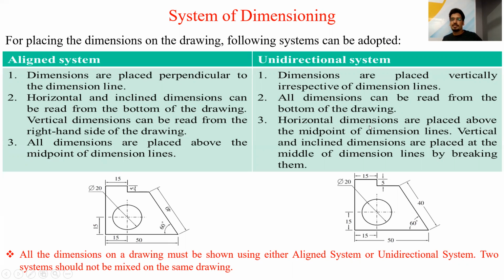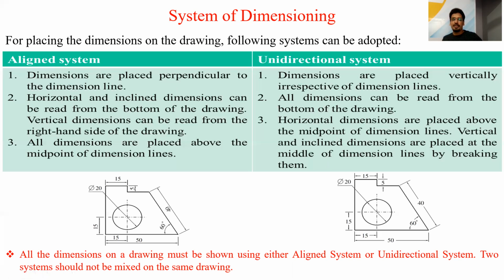And in the unidirectional system, horizontal dimensions are placed above the midpoint of the dimension line. Vertical and inclined dimensions are placed at the middle of the dimension line by breaking them. So we break the dimension line, and we have to write in between the break. So this is the system of dimensioning.